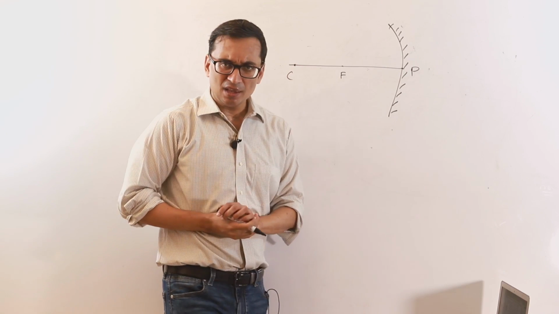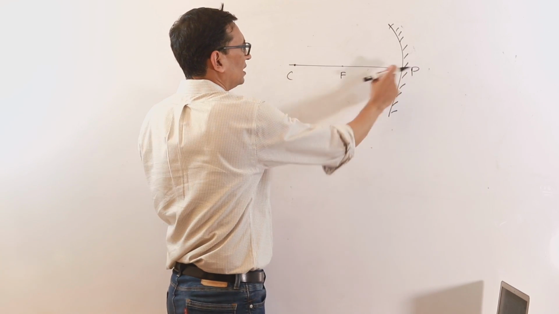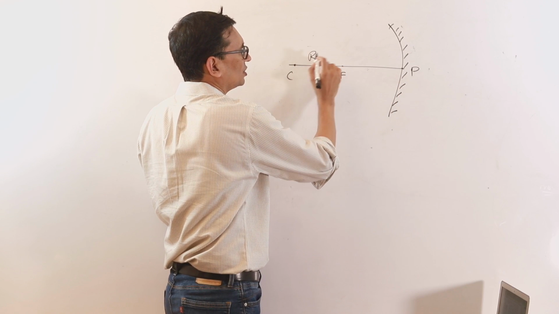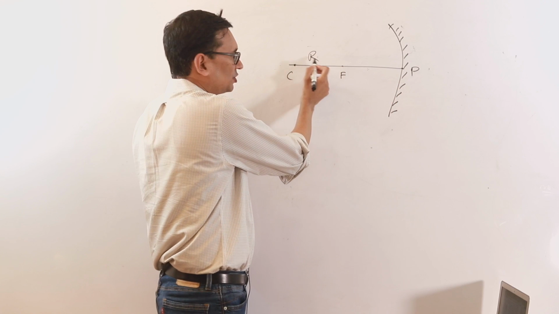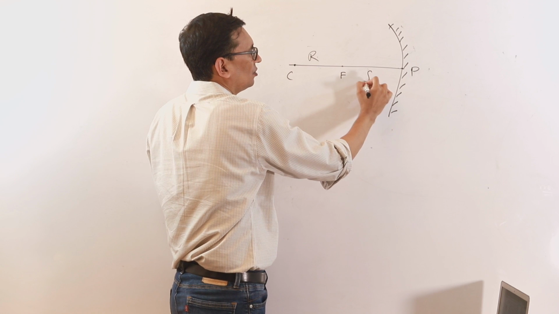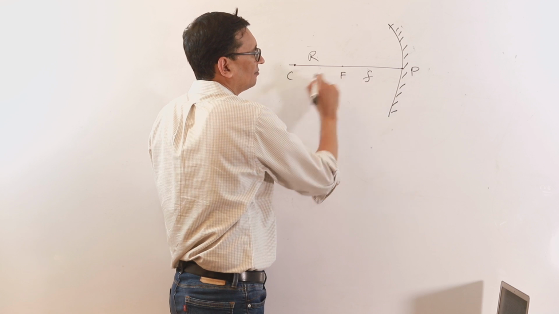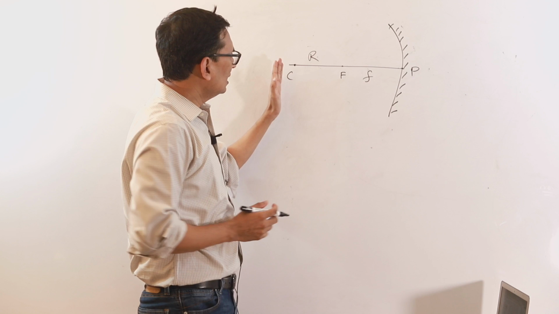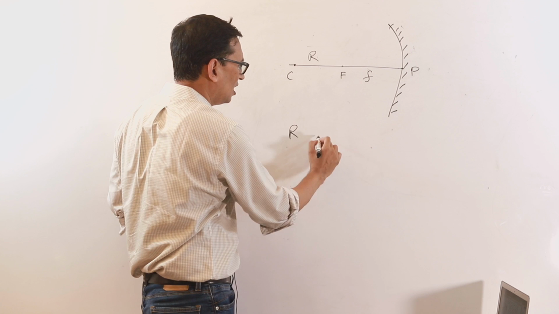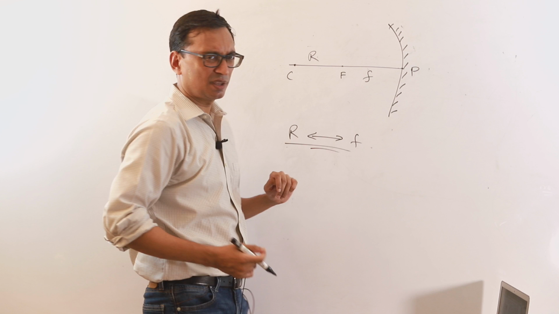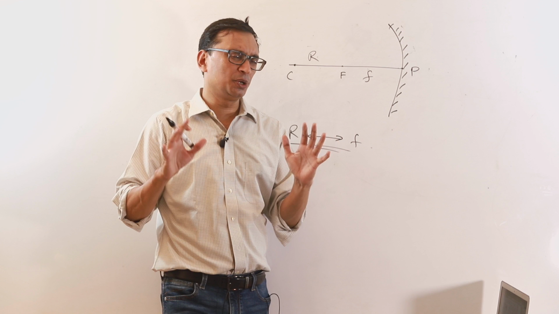Now this distance from here to here is your R, the radius of curvature. And this distance is your F, the focal length. Now here's a question. Do R and F have some relationship? If so, why? I have not told you. I just want you to think.